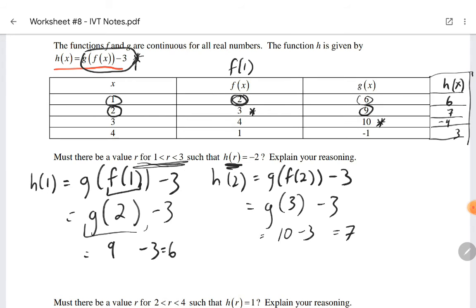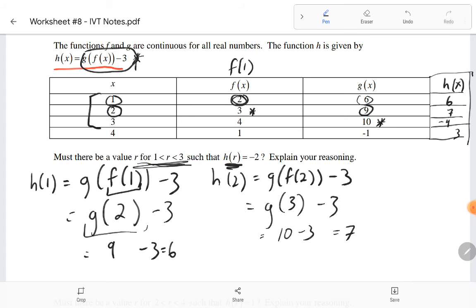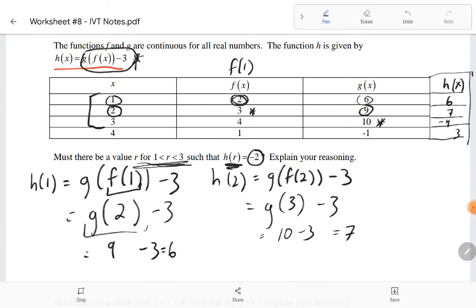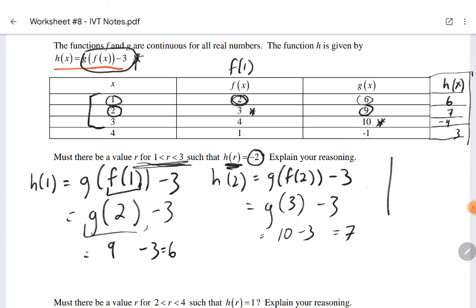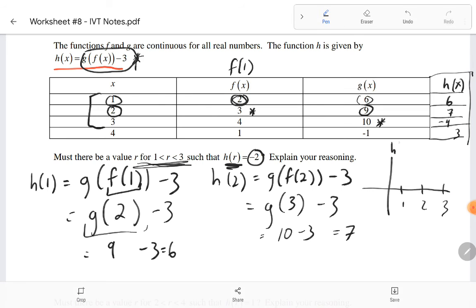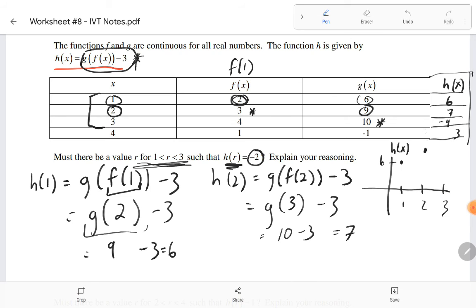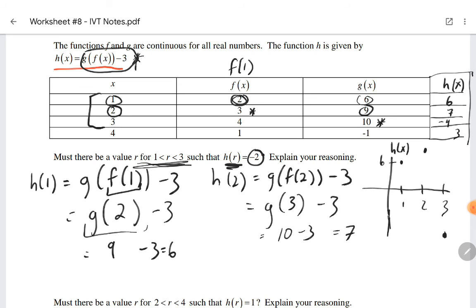Must there be a value in between 1 and 3? So we're looking in between 1 and 3 where the height will hit -2. If you're not sure, just try to draw it out. I'm going to draw a quick little graph here. Here's 1, here's 2, here's 3. And h of x is going to look like 1, 6, and 2, 7, and then 3, -4, which is somewhere down there.